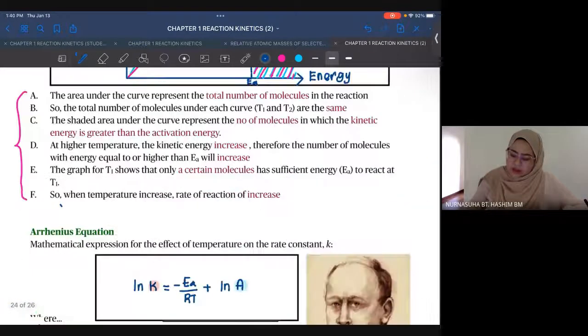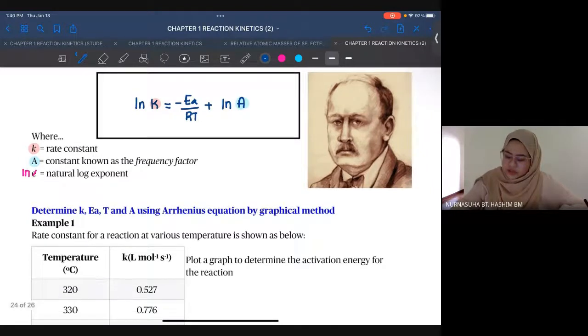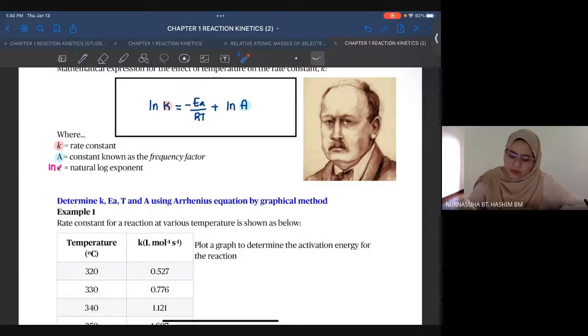Okay, cara lain untuk kita cari EA adalah menggunakan Arrhenius equation. Basically, Arrhenius equation ni macam-macam you boleh dapat sebenarnya. You boleh cari frequency factor, you boleh cari EA, you boleh dapatkan temperature, you also can get what we call that rate constant.